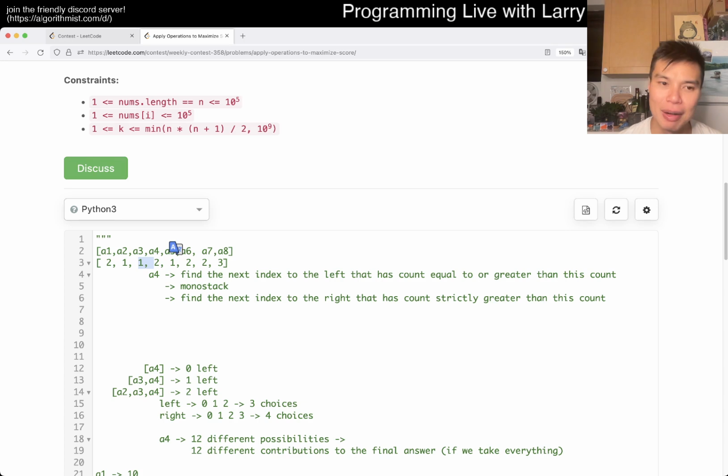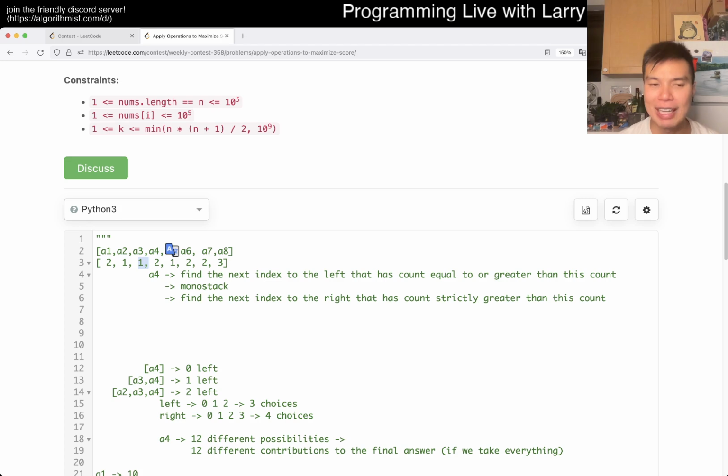Anything that is smaller than 1, or even bigger than 1 in some cases, is going to be smaller than 2. So 2 is always going to be the next number to consider, because 1 could never be an answer again. That's basically the idea behind monostack: you eliminate these things using a stack by popping them off, because this one would never be an answer again.